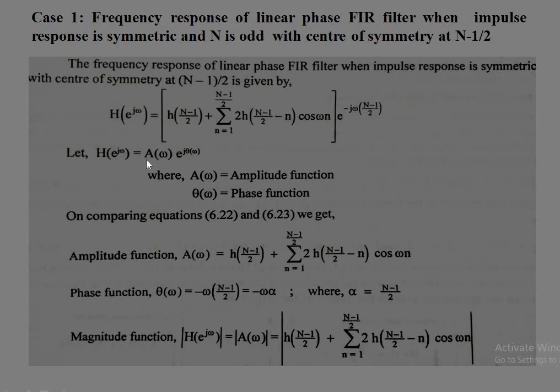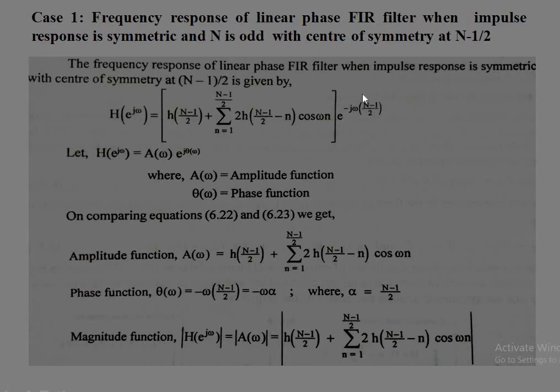The magnitude spectrum is represented with A of omega, and the phase is represented with theta of omega. The amplitude function derived from this H of e power j omega is represented as h of n minus 1 by 2 plus sigma n equal to 1 to n minus 1 by 2 of 2h of n minus 1 by 2 minus n into cos omega n.